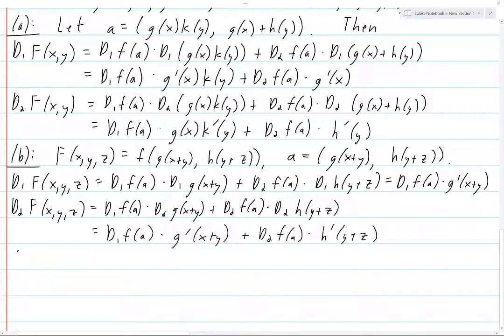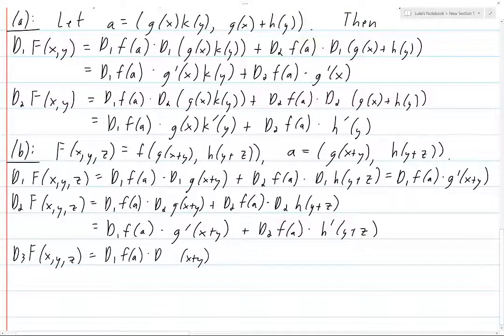Then finally we move on to C. Nope. Not there yet. We move on to d3 because f has 3 inputs, so we can take the derivative with respect to z as well. d1 f of a times d3 of g of x plus y, that's going to drop out.